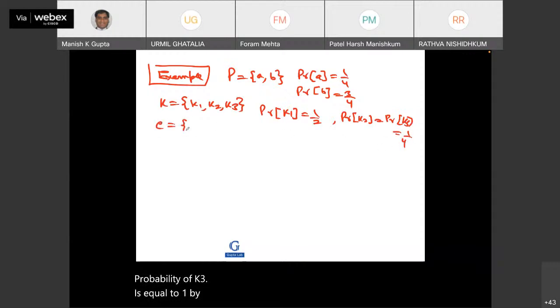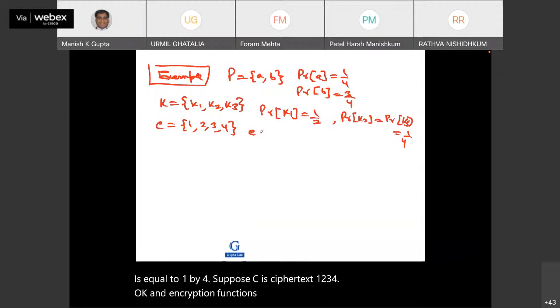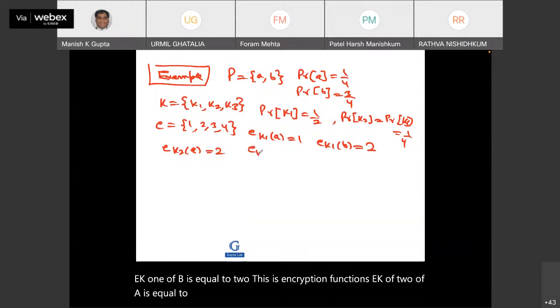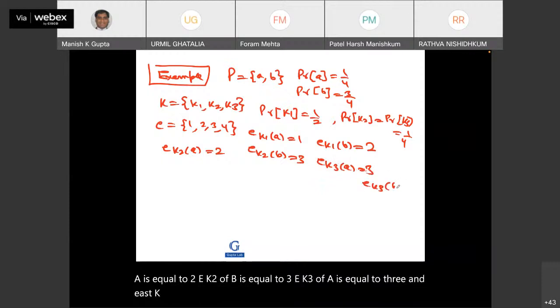Suppose C is the ciphertext {1, 2, 3, 4}. And the encryption functions are: e_K1 of A is equal to 1, e_K1 of B is equal to 2, e_K2 of A is equal to 2, e_K2 of B is equal to 3, e_K3 of A is equal to 3, and e_K3 of B is equal to 4.